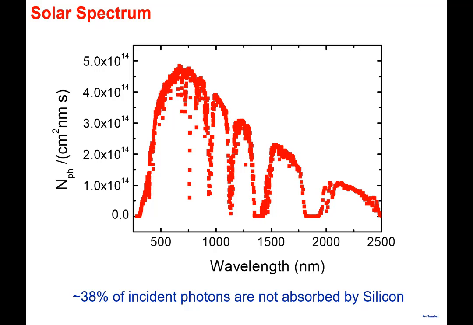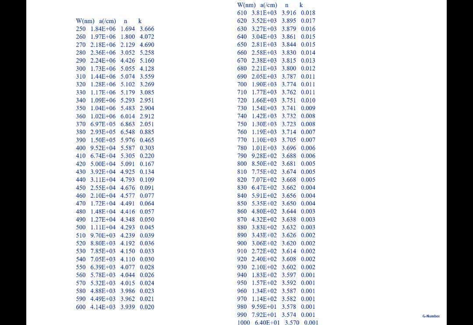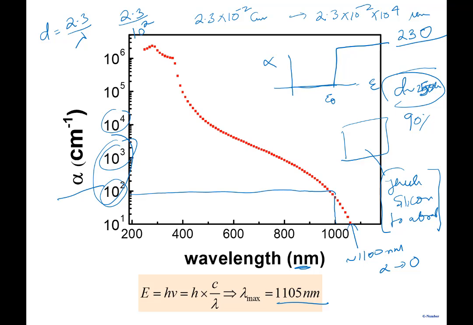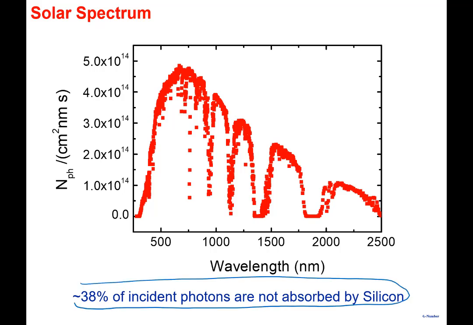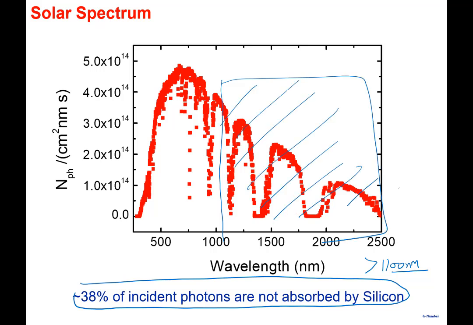Now, because of this cutoff here, what I'm missing in silicon is that 38% of the photons cannot be absorbed by silicon. Everything which is greater than 1100 nanometer will not be absorbed by silicon. So all that radiation beyond 1100 will not get absorbed, and how much is that?